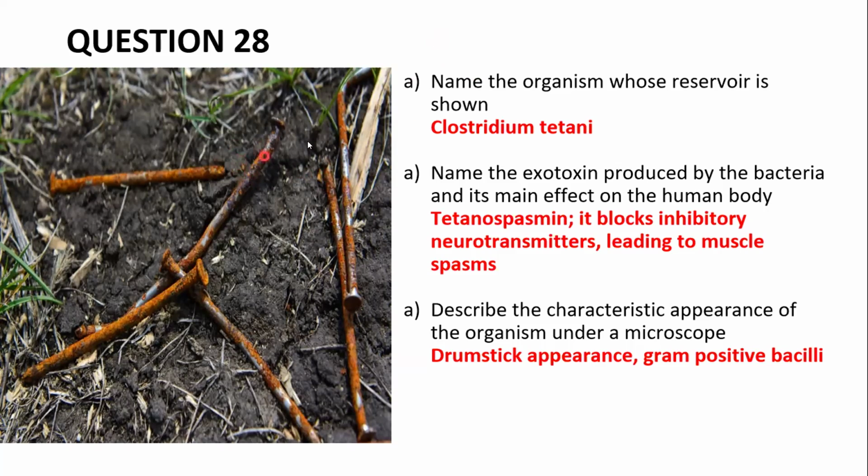Maybe you stepped on a rusty nail, then it got into your skin. If its reservoir is soil, why do we talk about rust? That's usually a common misconception that tetanus exists in the rust. It's not really the rust, it's the soil, but it's associated together. Are we clear?